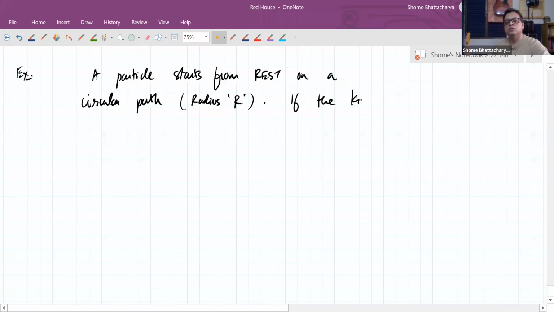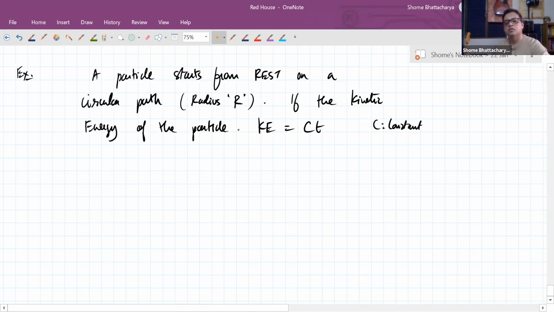If the kinetic energy of the particle is equal to c into t, where c is a constant, at time t, and mass of the particle is m, then find the magnitude of its acceleration at t equal to t.